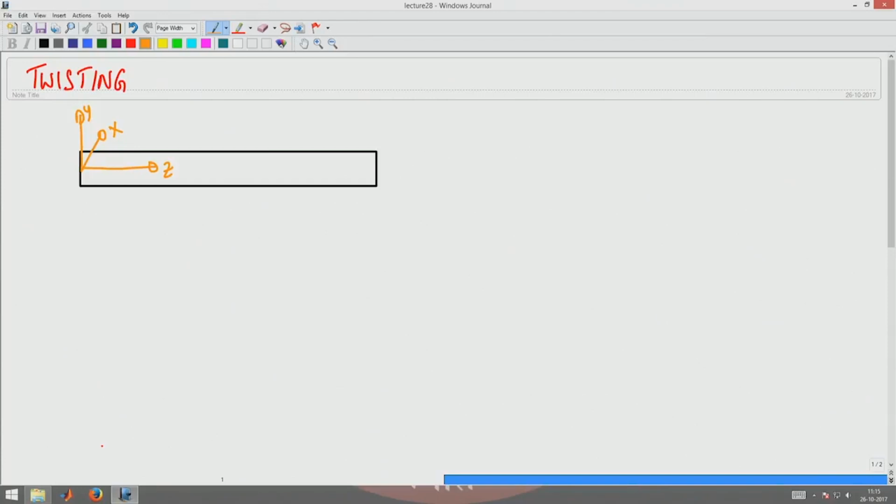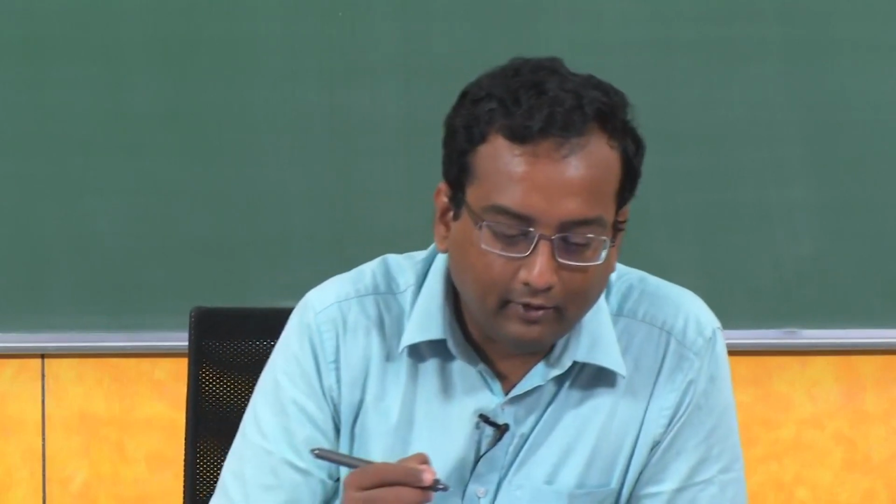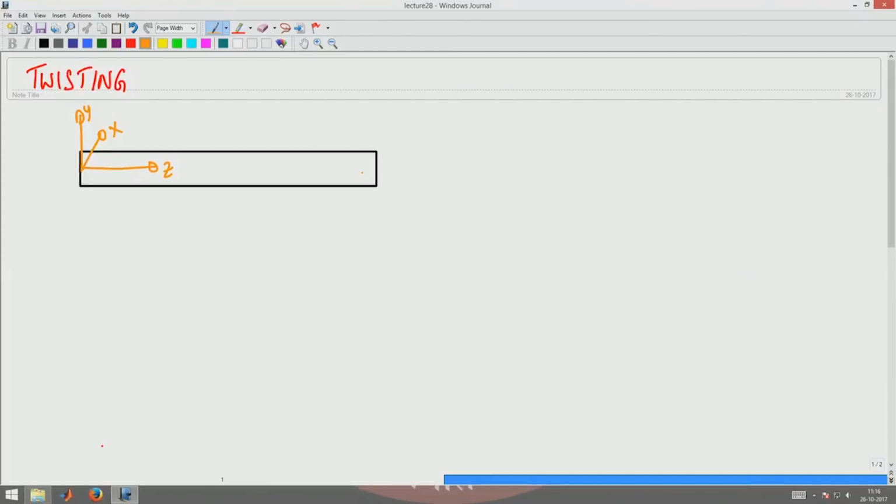Now what was the torsional moment when X was oriented along the axis of the beam? The moment along the X direction was the torsional moment, and the moment along the Z direction was the bending moment. On the other hand, now the moment along the Z axis is the torsional moment, and the moment along the X axis is the bending moment. Now we have to find the expression for the torsional moment when the orientation is like this.